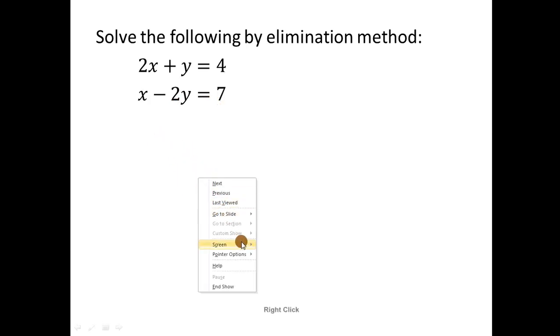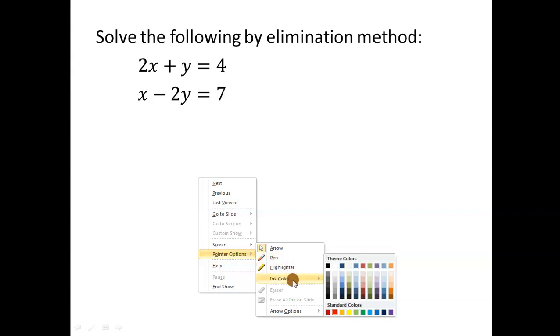So to use the elimination method in finding the solution of the system of linear equations, these two equations here, as you can see, this first equation, we have 2x plus y is equals to 4. And the second one is x minus 2y is equals to 7. We have to find the values of both x and y.